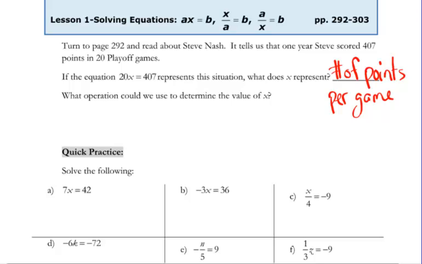And this will represent an average number. Okay, so what operation could we use to determine the value of x? So we have 20x equals 407. Remember that the 20 is connected to the x by multiplication. So we're going to use the inverse operation, and that would be division.